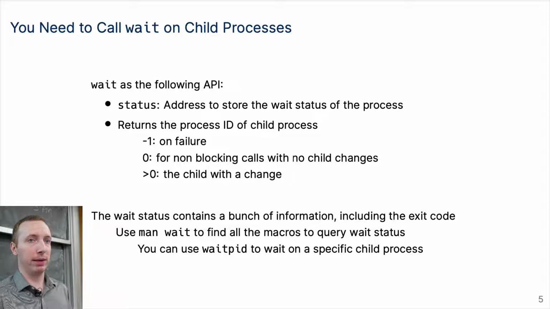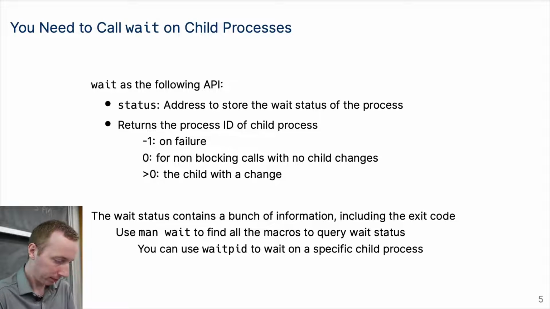If you read the man pages for wait, you'll see wait3, wait4, waitpid. There are a lot of calls for wait that evolved over time. The default wait system call takes one argument, which is the status. It is just an address to store the wait status of a process.